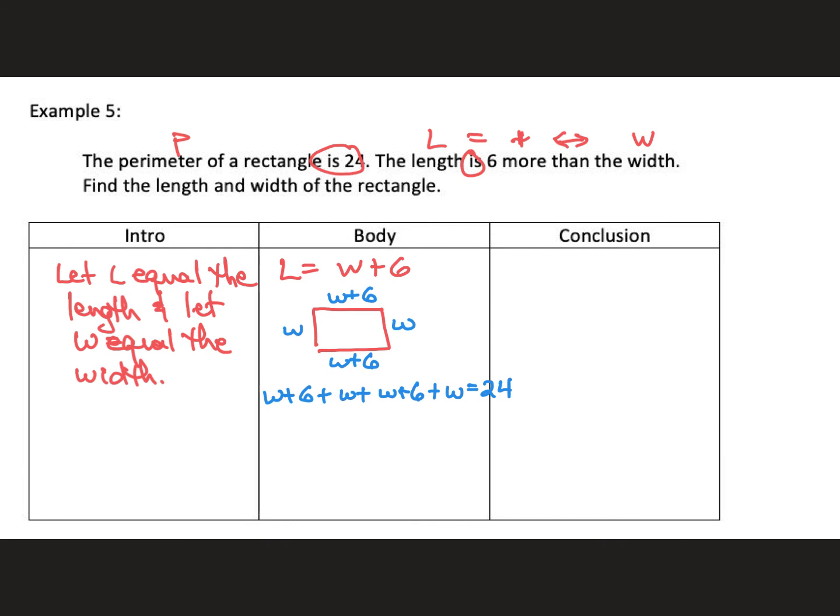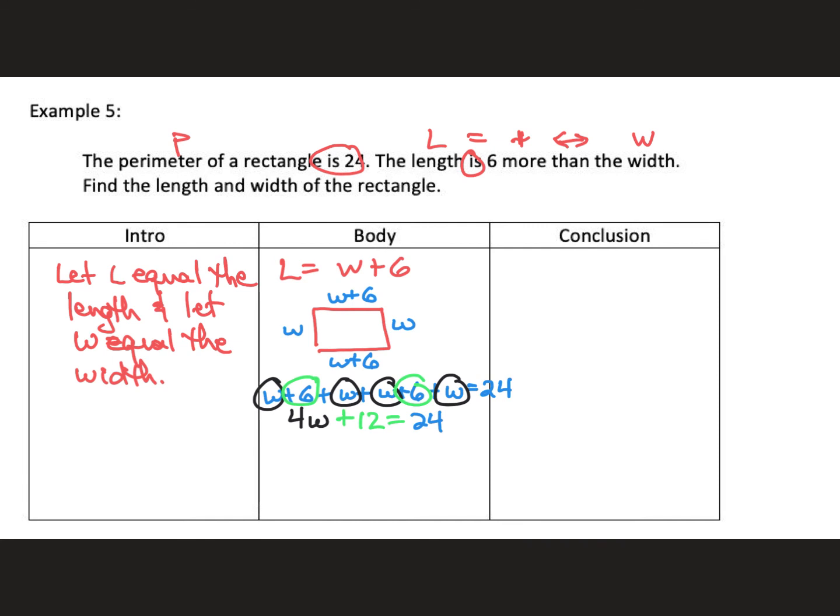Let's combine all of our like terms. We have a W and a W and a W and a W. How many W's do we have? 4 W's. Let's add our numbers together. We have 6 plus 6, which is 12.